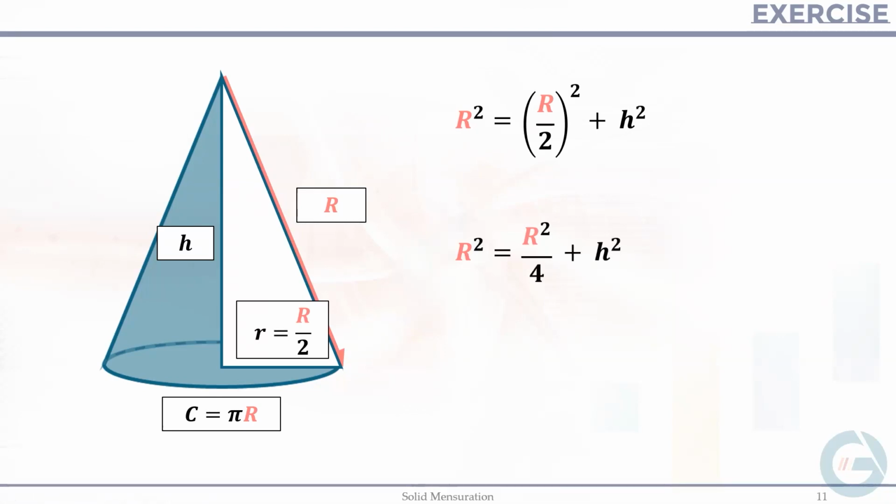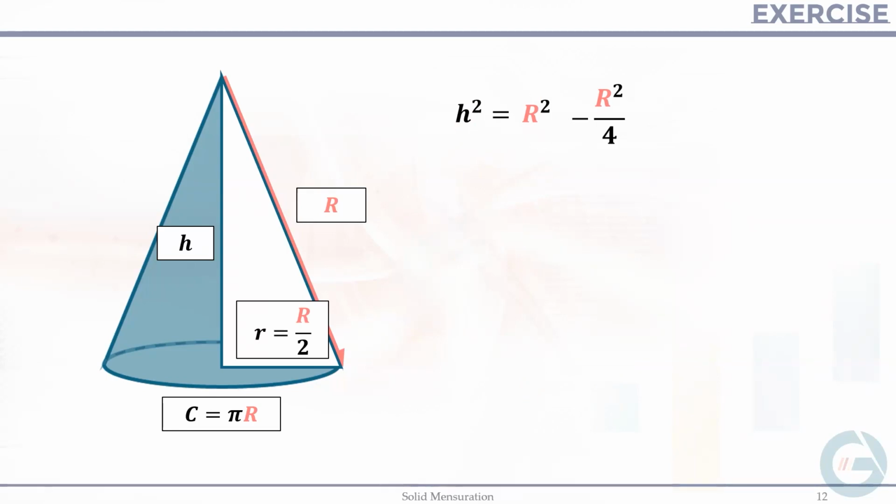Let's calculate h squared. Transfer this R squared over 4 to the left side, so h squared equals R squared minus R squared over 4. This is 1 minus 1/4, so h squared is 3R squared over 4.